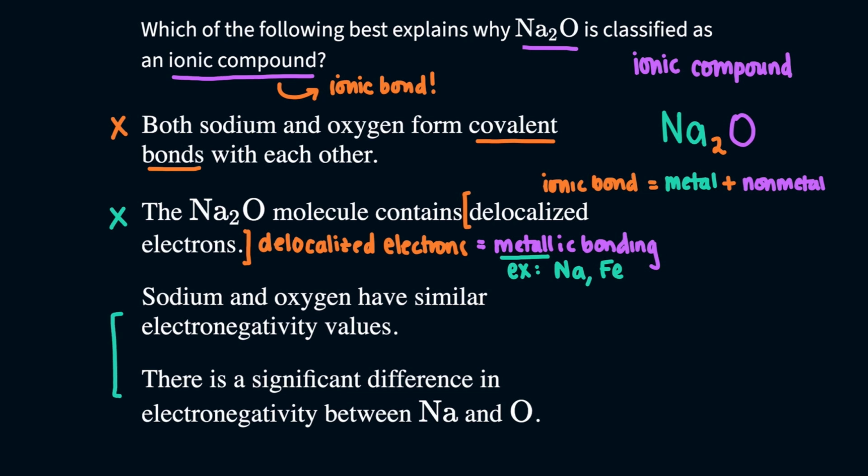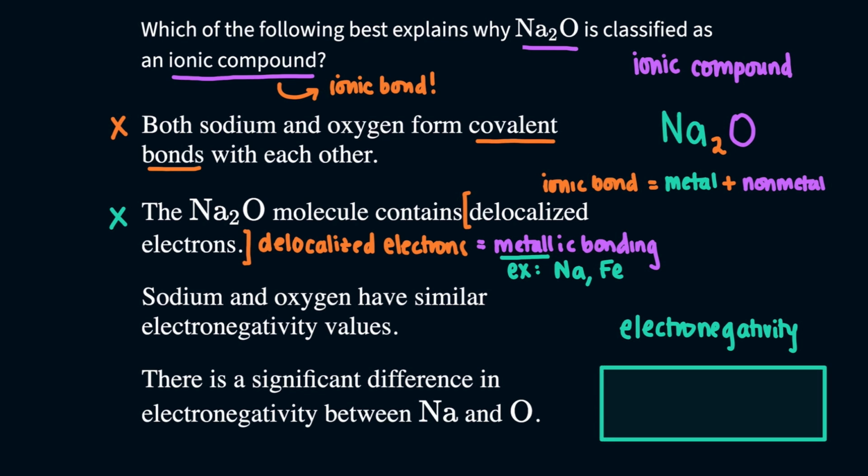Now, it comes down to electronegativity differences. Do sodium and oxygen have similar electronegativity values, or would there be a difference between them? Well, this all just comes from where they are on the periodic table and knowing our electronegativity trend. Right? Electronegativity trend, which by the way is the attractiveness that an atom has to its electrons in a bond.